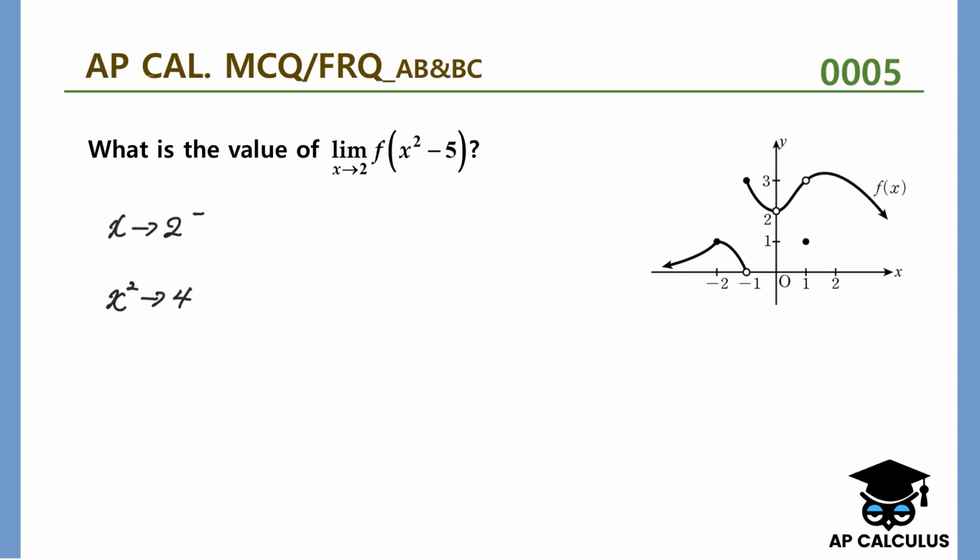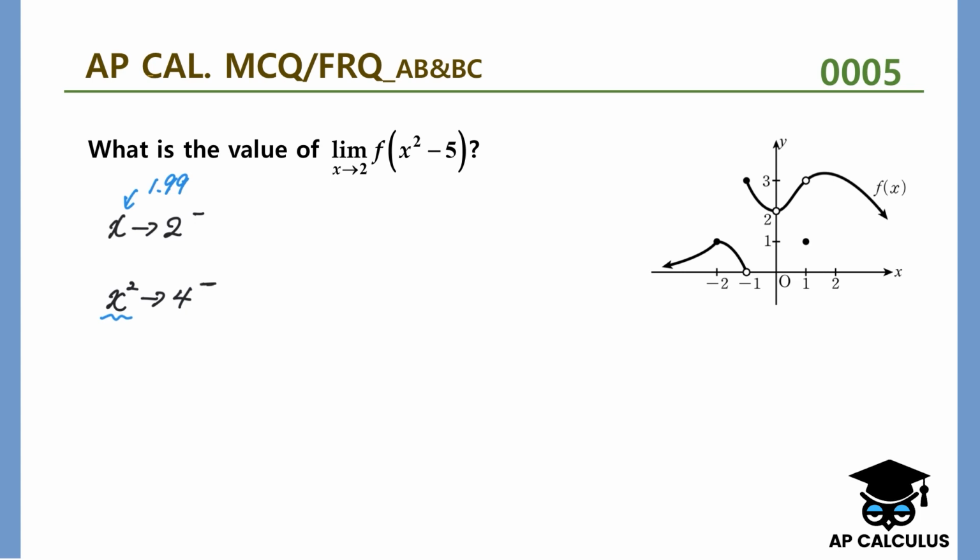This x value right here is a little less than 2, right? So if x is, let's say, 1.99, then 1.99 squared is a little less than 4, right? So this x squared approaches 4 from left hand side.